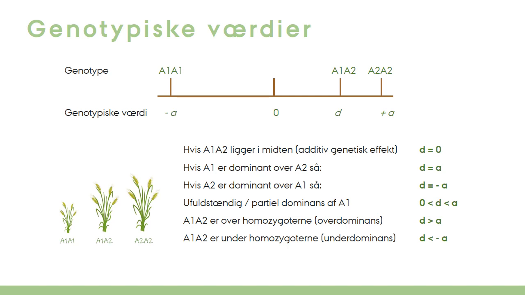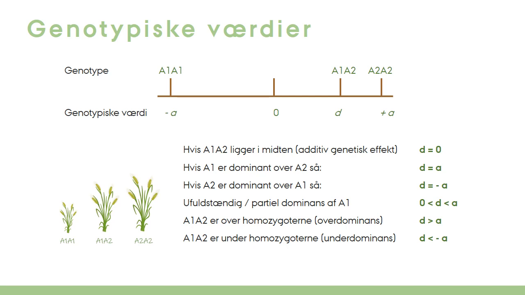However, when you have complete dominance, meaning that the A1A2 genotype has exactly the same phenotype as the A2A2 genotype, your dominance effect will be identical to your additive effect. And you can also have incomplete dominance, which is the case we see here at the top, where D is somewhere between 0 and A.